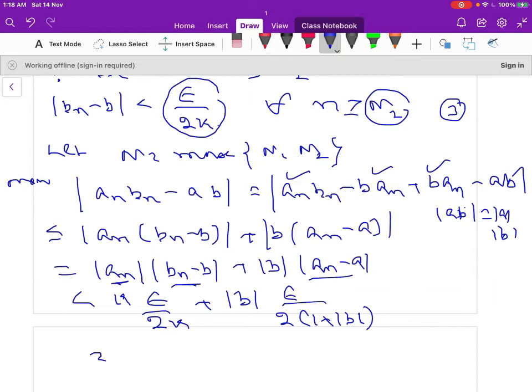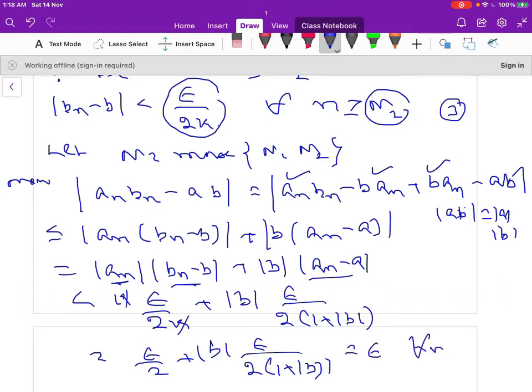So this is equal to, k gets cancelled, epsilon by 2 plus modulus of b into epsilon by 2 times (1 plus mod b). So this is less than epsilon.